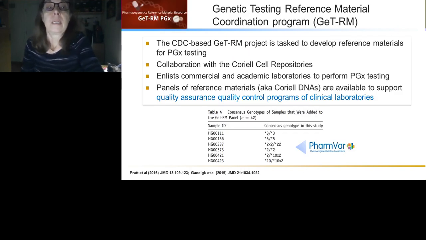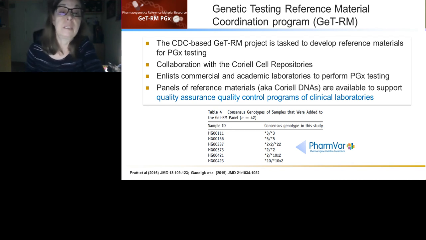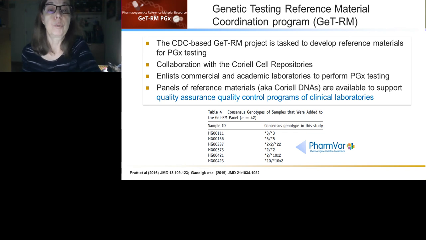Moving on to the GeT-RM project. This is housed at the CDC and is tasked to develop reference materials for PGx testing. This is, needless to say, very important for clinical laboratories, but of course, having good reference materials is also important for anything going on in research.